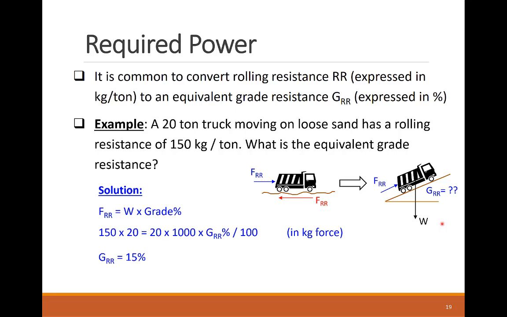In this little free body diagram, FRR is the total rolling resistance force for the truck when moving on the rough horizontal surface. We want to transform this case to an equivalent resistance case where the truck is moving upward on a grade with grade GRR percentage.